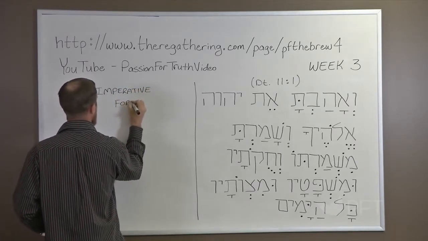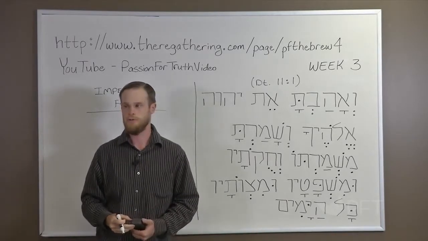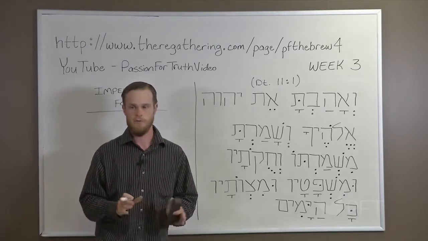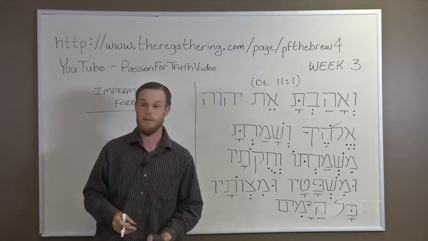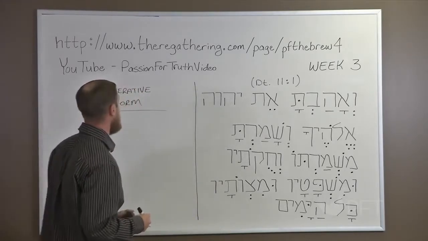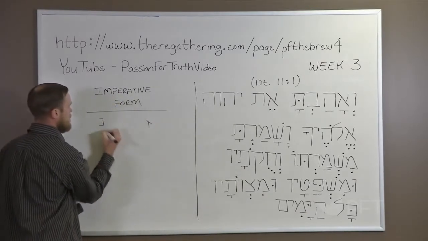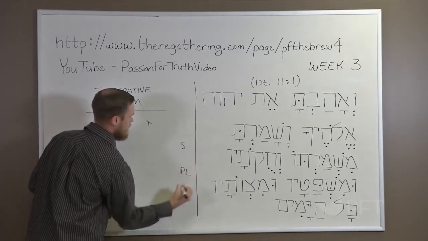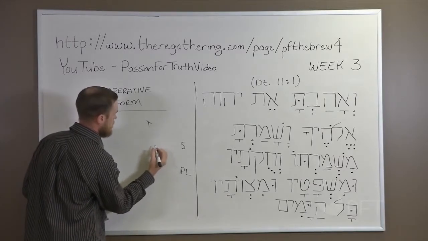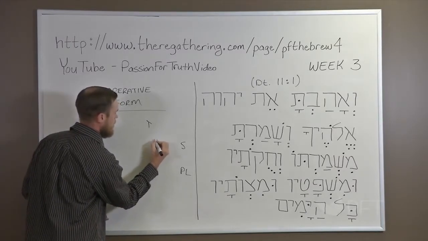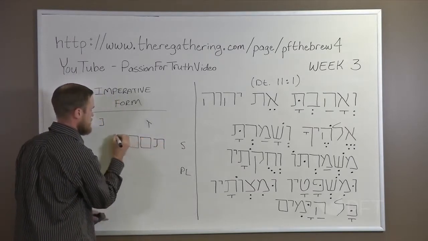and it very closely resembles the second person future tense forms. I'm just going to give it for the pa'al, although there is an imperative form in each of the binyanim. But I'm just going to go over the pa'al because that's what we're going to cover today. So in the masculine, the second person future tense singular looks like this.